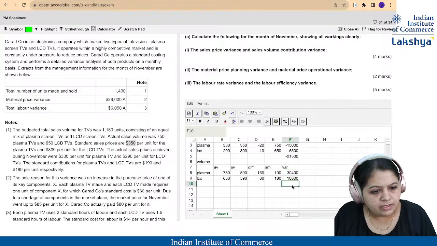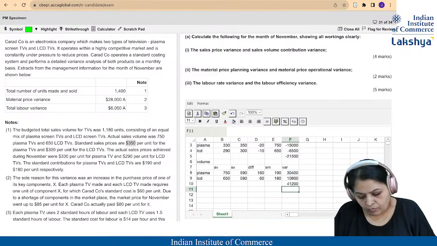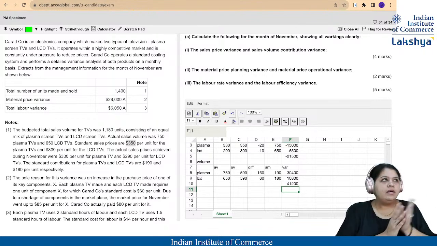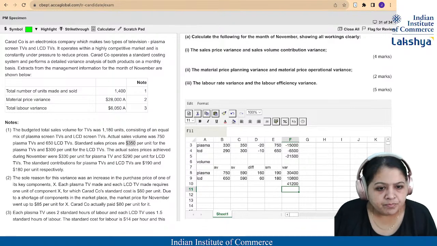Let's see what the total is: 41,200 favorable. So we have got our 4 marks, easy peasy. Sales price and sales volume contribution variance found out and sorted.